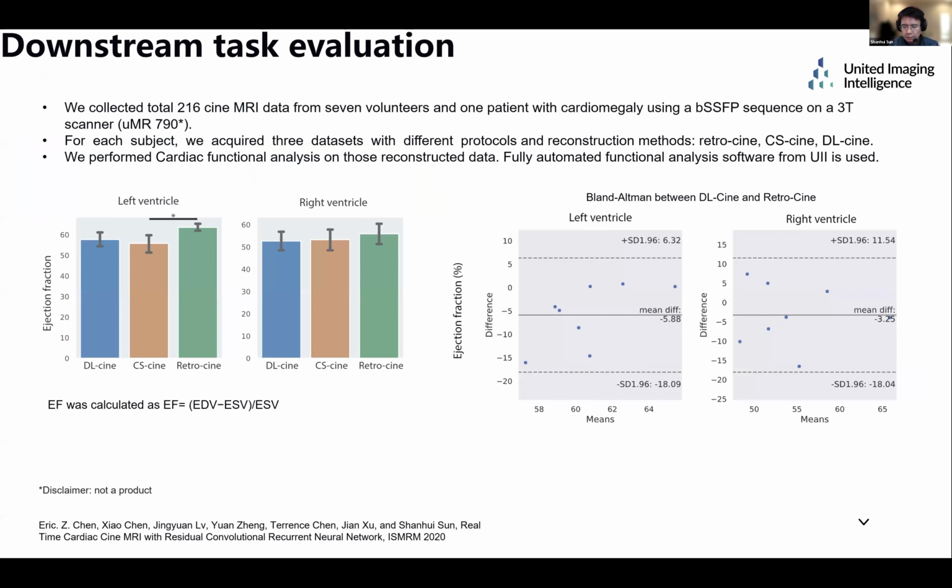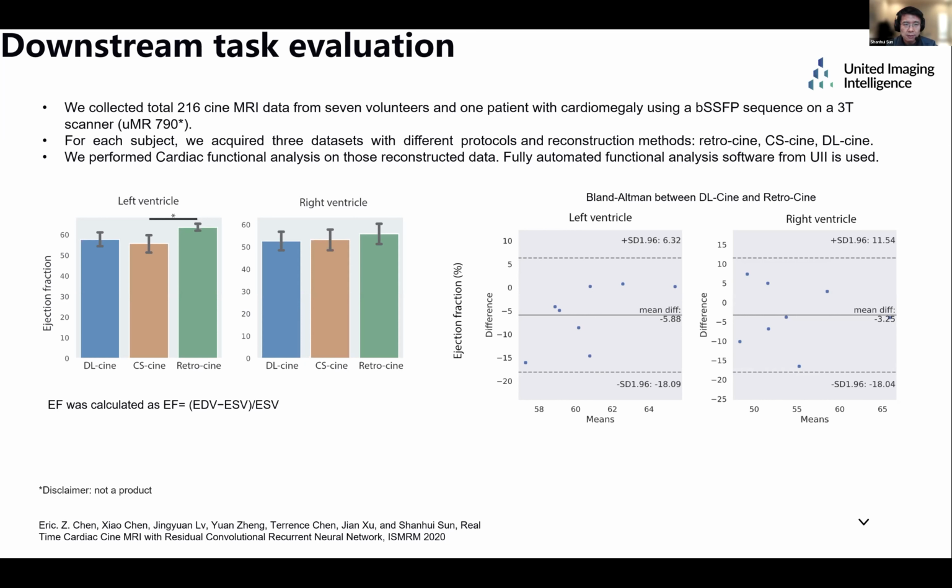When we evaluate the reconstructed image, we not only utilize the traditional metrics such as PSNR or SSIM. Since Cine data is the clinical standard for functional analysis, we utilize a downstream task to evaluate the reconstructed images.